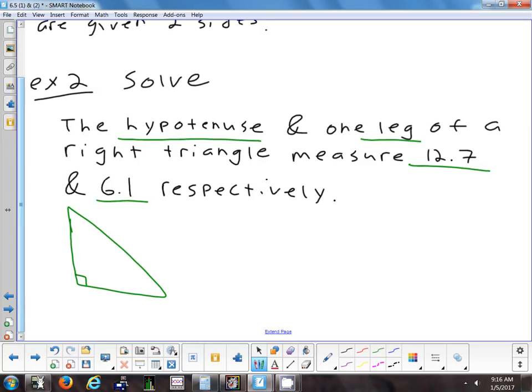How do I know the 12.7 has to be the hypotenuse? It's the bigger side. If they're giving me a hypotenuse and a leg, well, the hypotenuse has to be the bigger one. Okay? So that's definitely going to be C. And as far as where you want to put 6.1, you could put it right here. And you could call it A. And we'll call the bottom B.